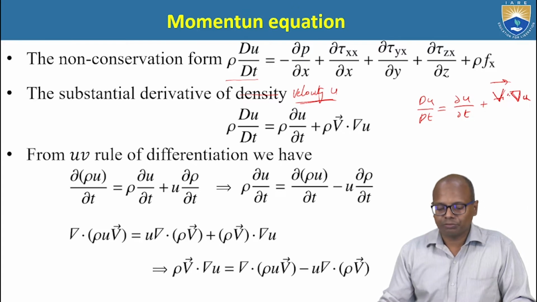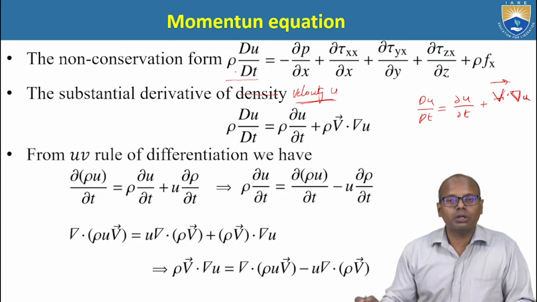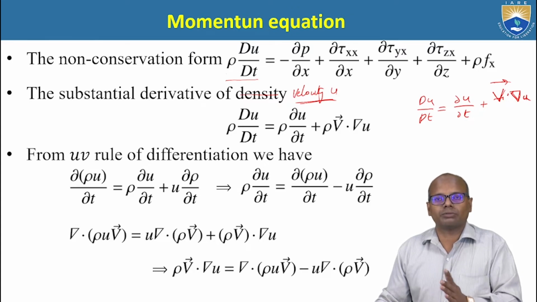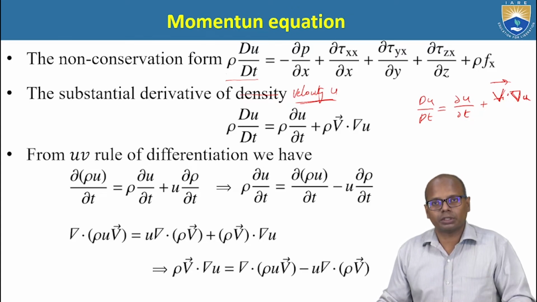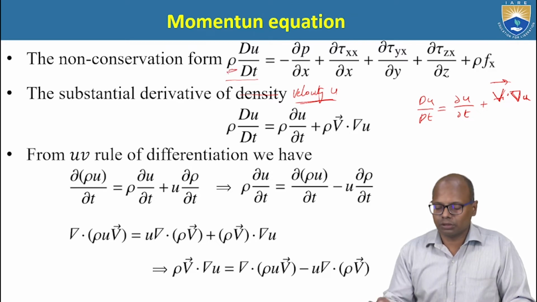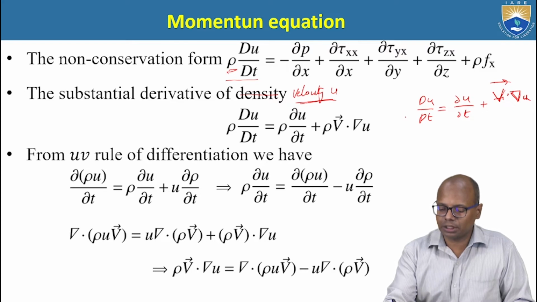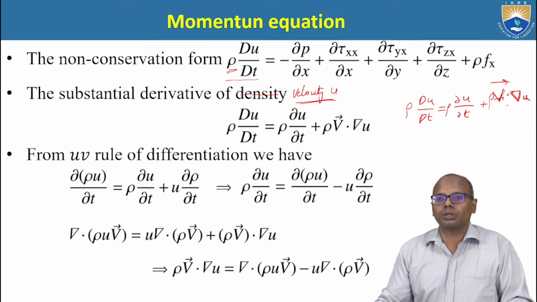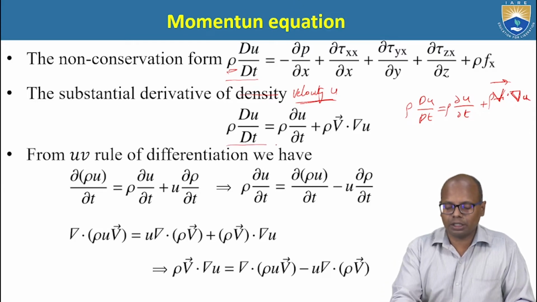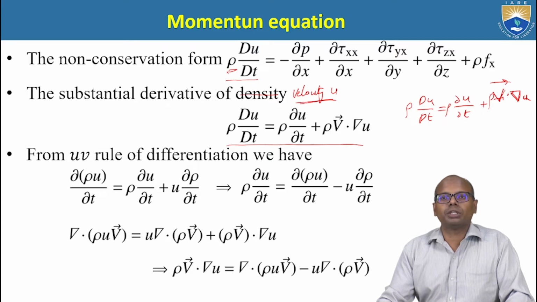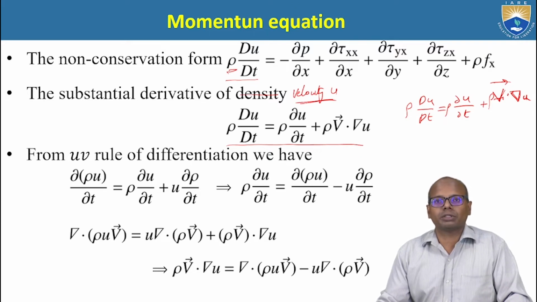This we will get. Now what do we have extra? We have a term which is not in a differentiation, which is outside differentiation. So if I multiply this entire equation with density, I will get rho here, and rho here. So the same thing I have written here. This is the expansion of rho into du by dt based on the definition of the substantial derivative of velocity.